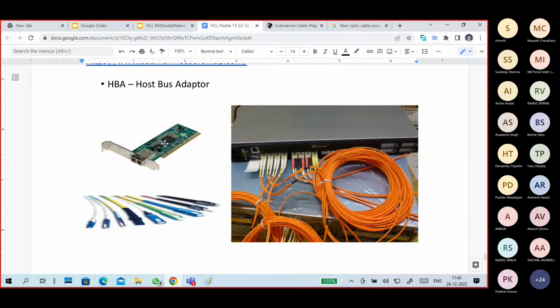Per second, millions of data transmissions happen. So in their servers they use fiber optical cables for data transmission, and for server to storage connectivity, like SAN type storage connectivity, because a lot of data should be stored and a lot of data should be accessible.